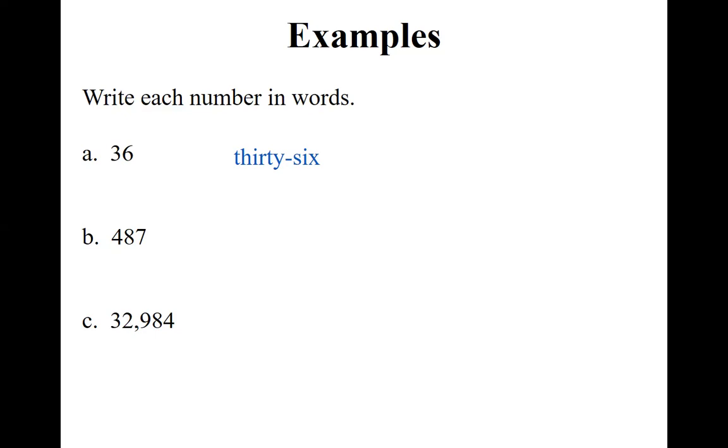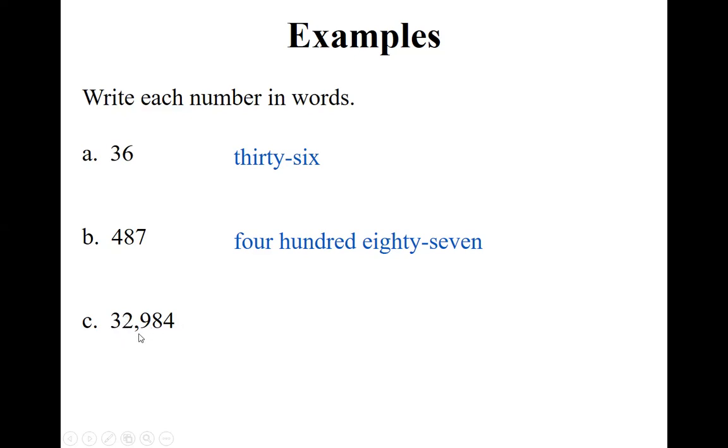So B, we would have 487. We don't put any dashes anywhere but the 87. In C, we're not just one period now, we're two periods. We have the thousands period. 32,984.